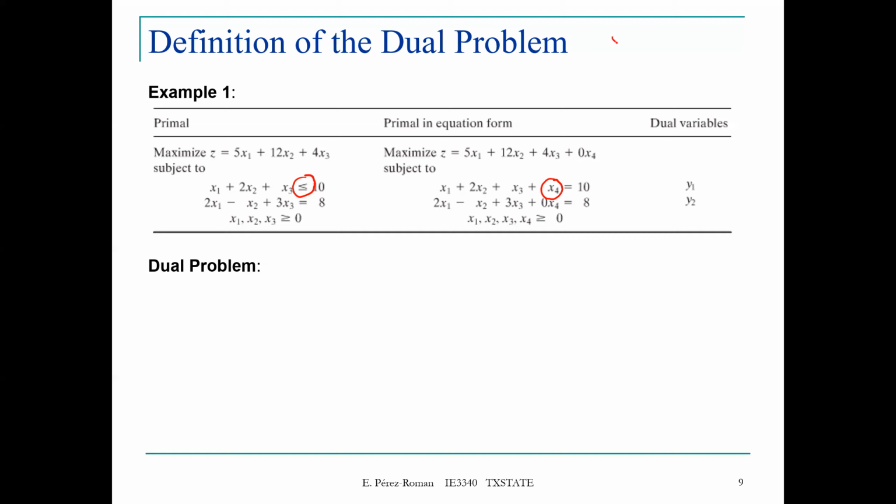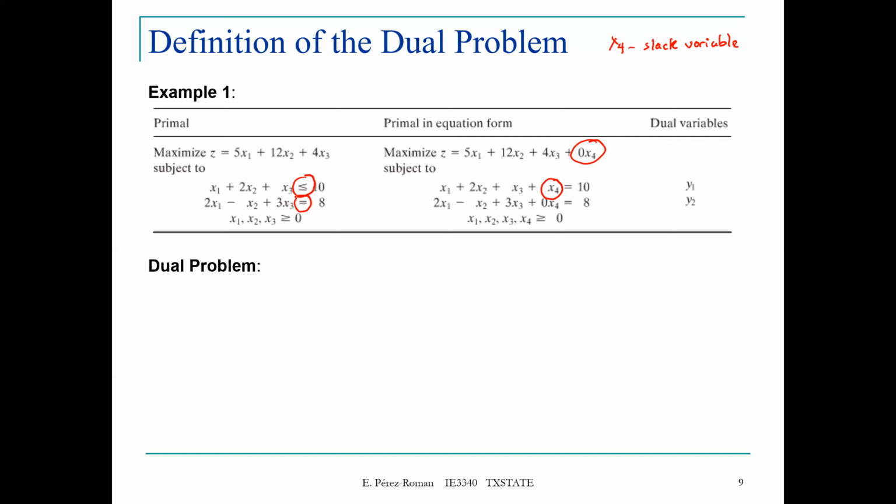So x4 is a slack variable in this case. It shows up in the objective function with a 0 coefficient, so basically it's not making any difference in the objective function. And for the second constraint, we don't have to do anything because that's already an equality, so the second constraint is the same.